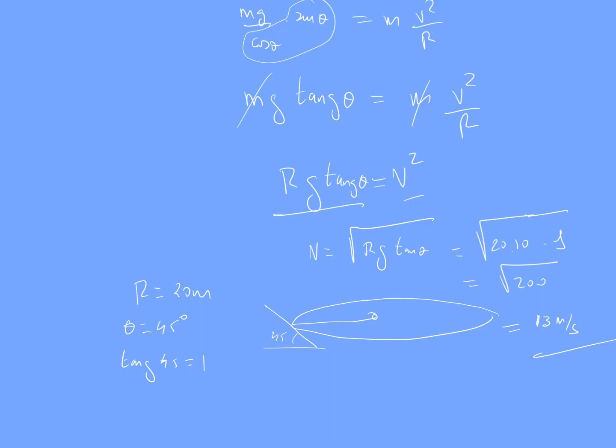You can take this banked highway with no problem, and you will move with this acceleration going to the center, v squared divided by r, and nothing will happen.